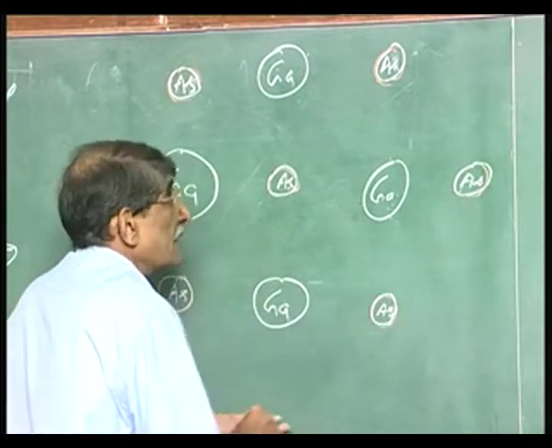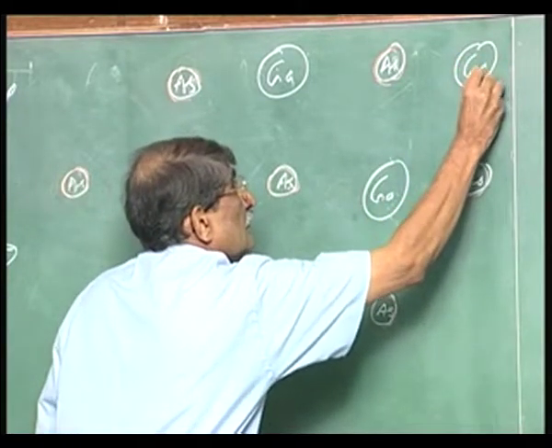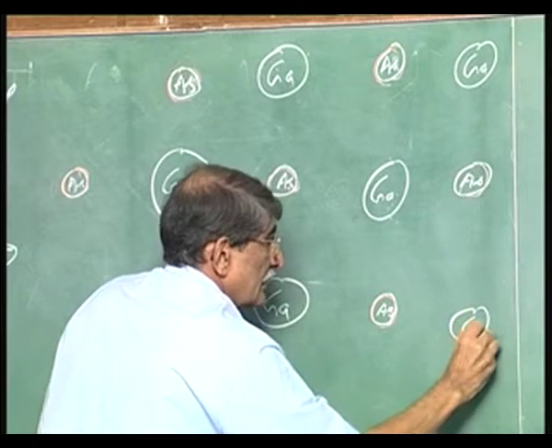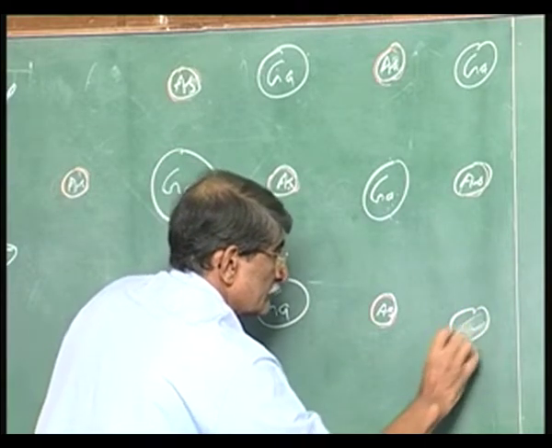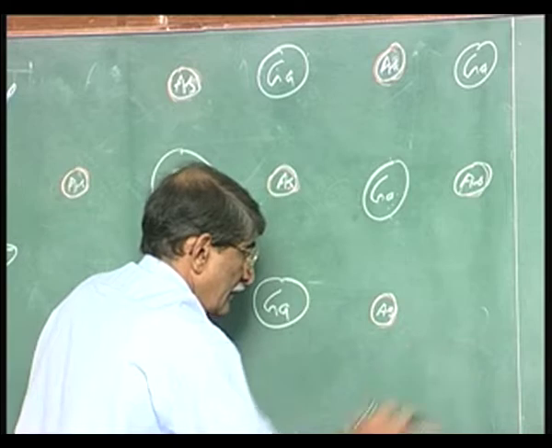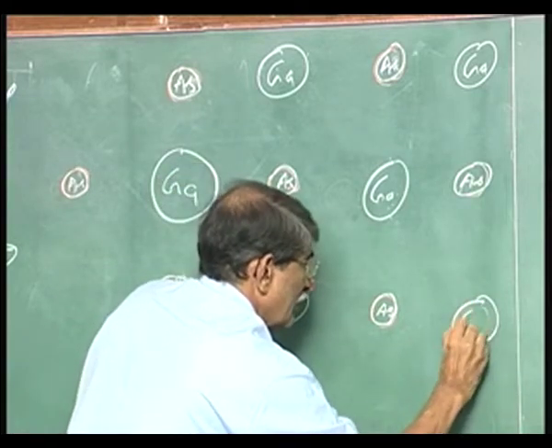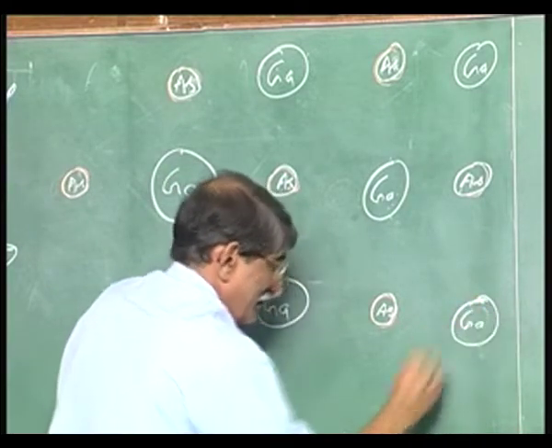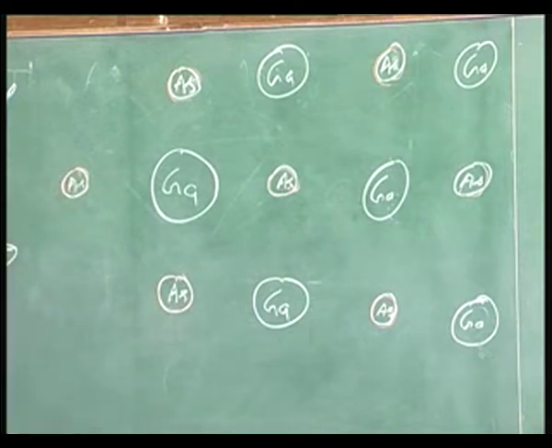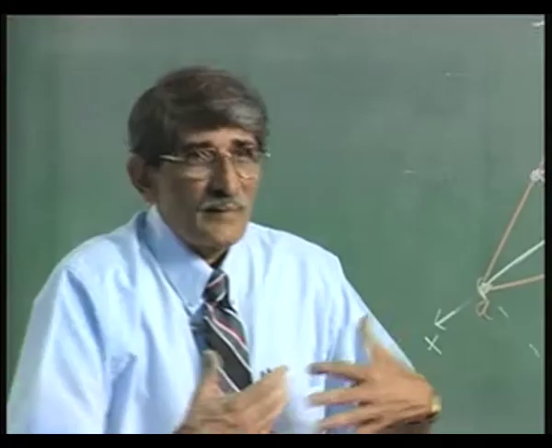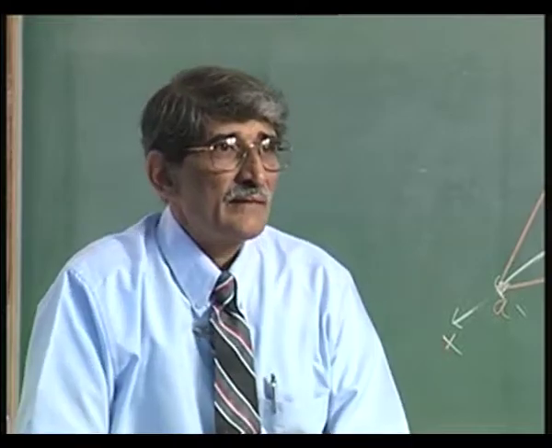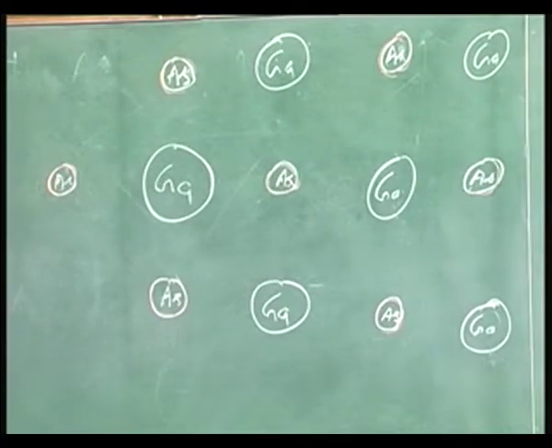You can keep on expanding and put gallium here, gallium here, etc. I can spend the whole hour doing that. The idea is that the gallium atoms are surrounded by arsenic atoms and arsenic atoms are surrounded by gallium atoms. That is the whole idea.